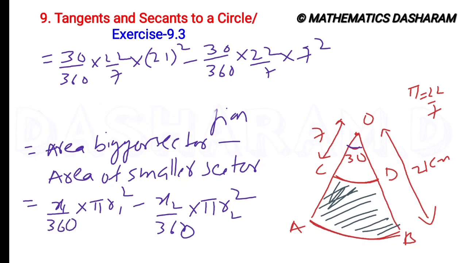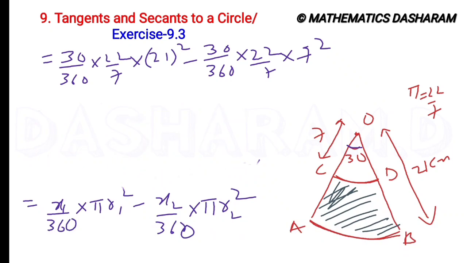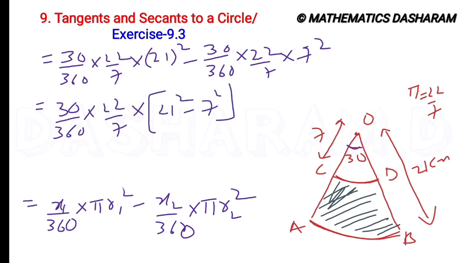So to simplify this, first I am taking the common. So 30 by 360 into 22 by 7 is common in both terms. So 21 square minus 7 square.